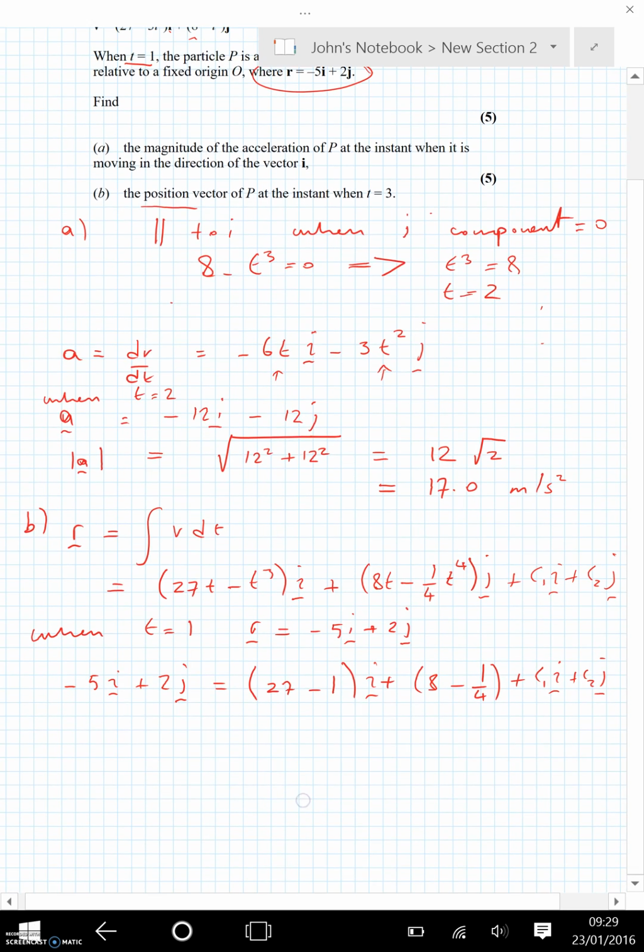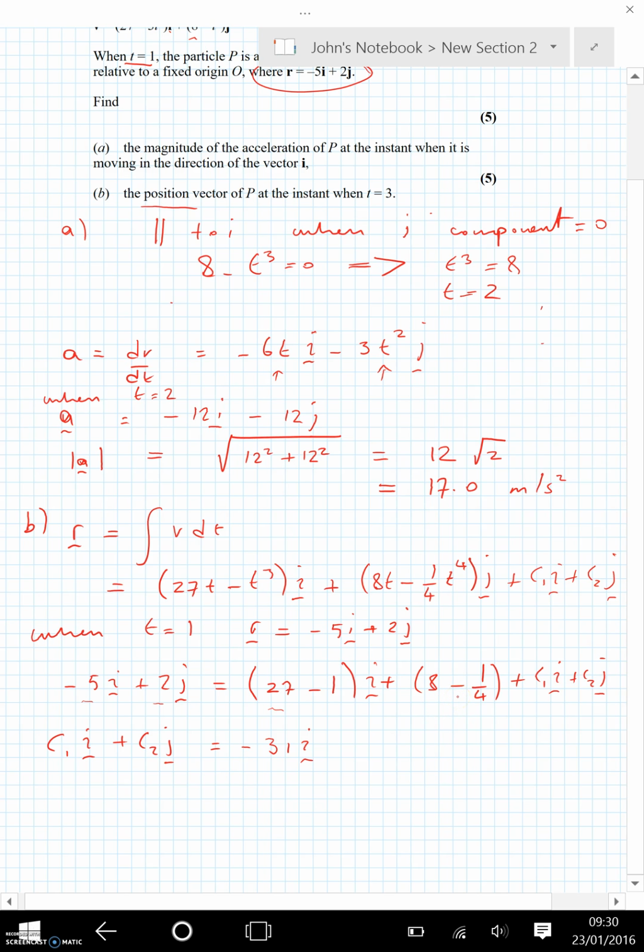Now a little bit of fiddling around here, if I move it this way around, just taking care with signs and looking at it. I can see I've got plus 27 here and I've got minus 5, so it's minus 31i. As far as the component of j goes, I've got plus 2 here, and that's 8 1/4, which is going to be 7 3/4.